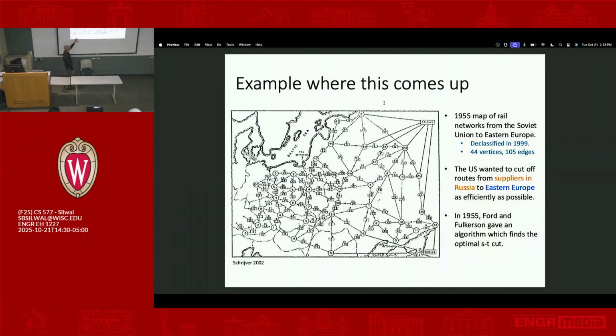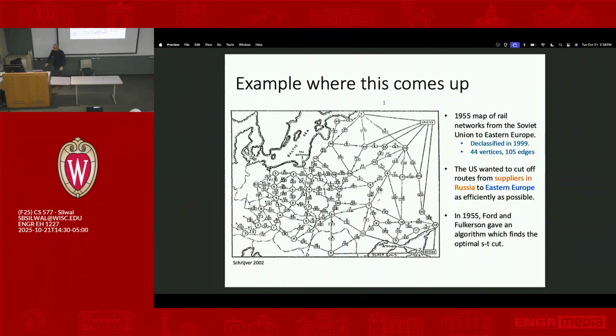In the 1950s, there was a Cold War, and there was a train network that starts from the Soviet Union and goes to Eastern Europe, a bunch of rail networks. What the US wanted to do was destroy the rail network as efficiently as possible. I didn't add the slides, but essentially they wanted to drop bombs on certain lines such that they could disconnect the Russian side and the Eastern European side.